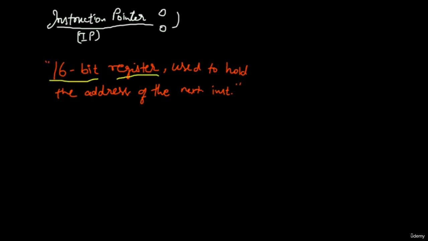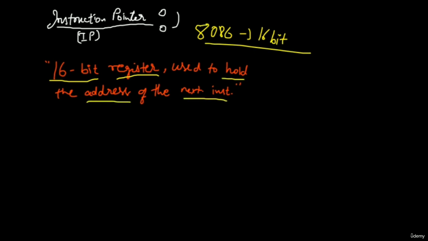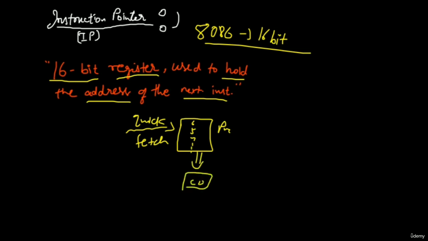Well, everything is 16-bit obviously, because 8086 is a 16-bit microprocessor. So it is used to hold the address of the next instruction so that it can be fetched quickly, and then sent to our prefetch queue, and there it will go to the control unit if required, and then finally it will go to the execution unit where things actually get executed. So this is the story for that.